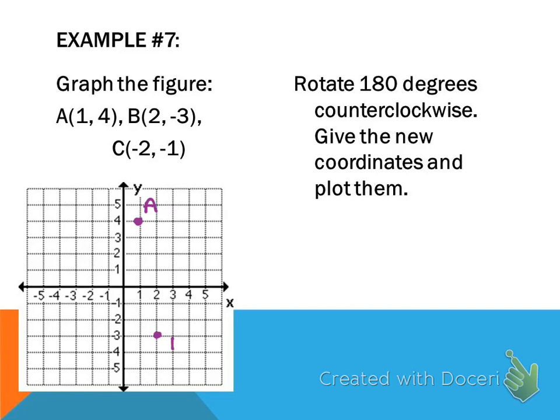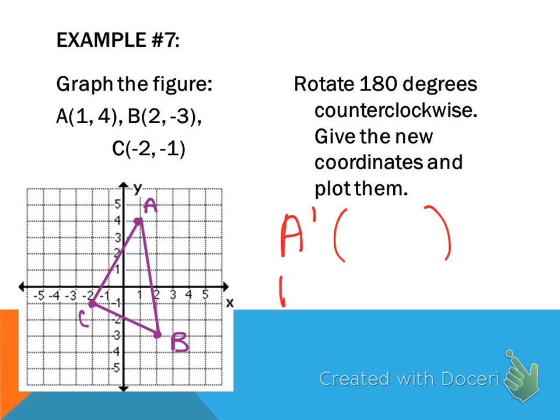That gives me B. And what about negative 2, negative 1? Left 2, down 1. That's point C. And then we connect them as best we can. This time, obviously, we're in all the quadrants, so it's not going to be as simple as just moving it to one different quadrant.